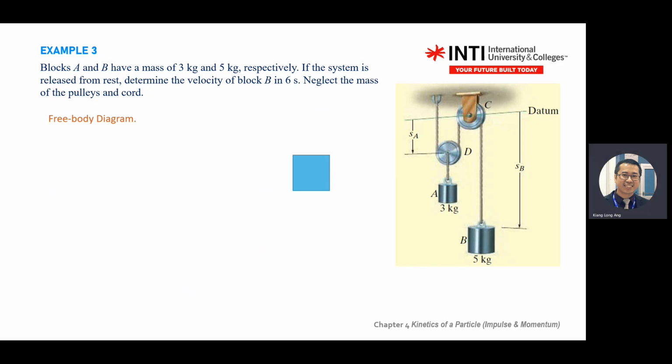You focus on force only. What does 2SA have to do with it? Focus on force. Object A, what forces do you have? Then what else? Tension? How many tensions do you have? Object B, what do you have?